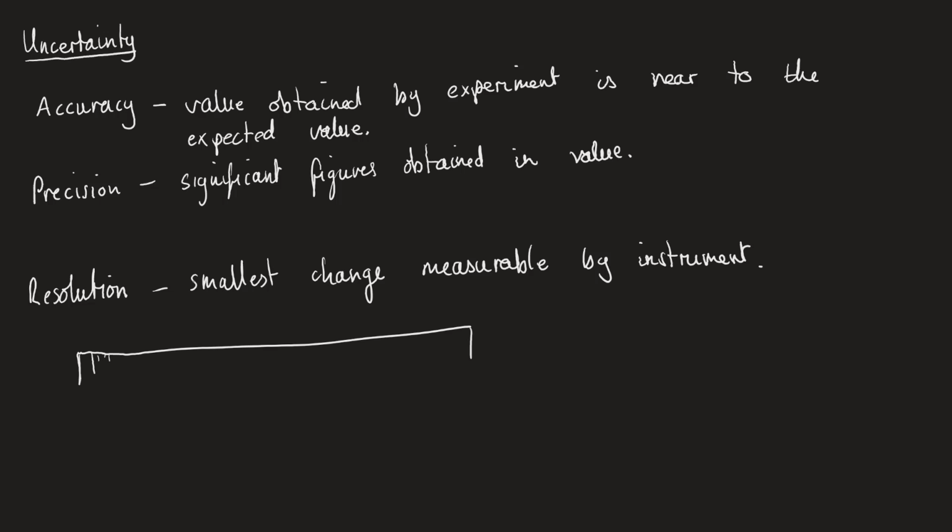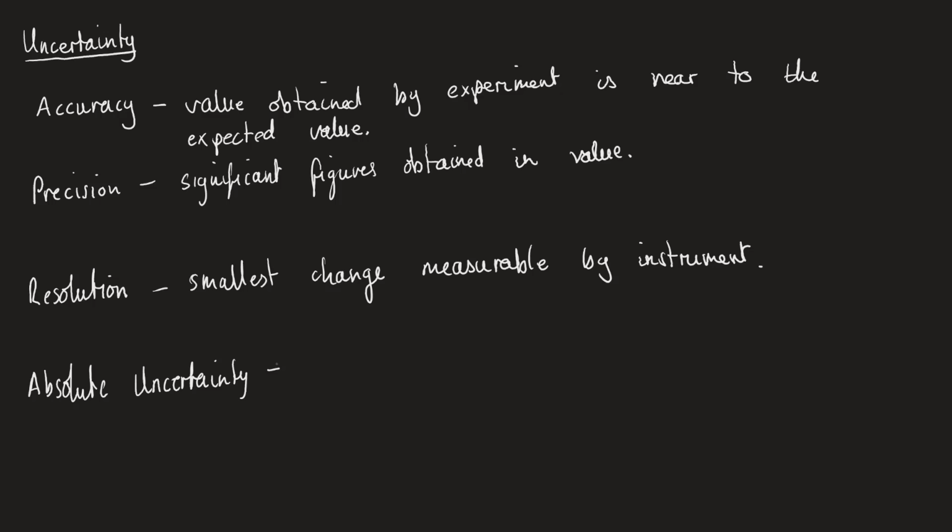Okay, although what we would say is that our uncertainty on that is going to be half of the smallest division. So this is called absolute uncertainty. Okay, this is now going into the different types of uncertainty that we can have, and the first is absolute uncertainty.